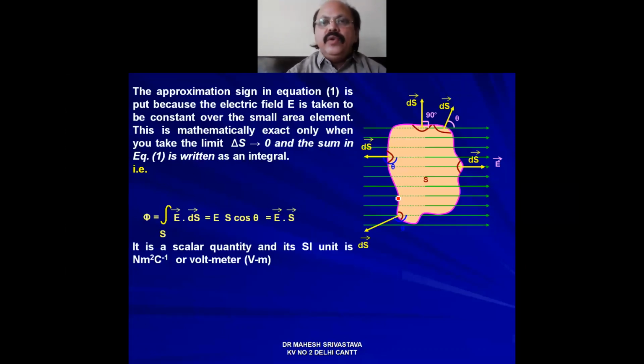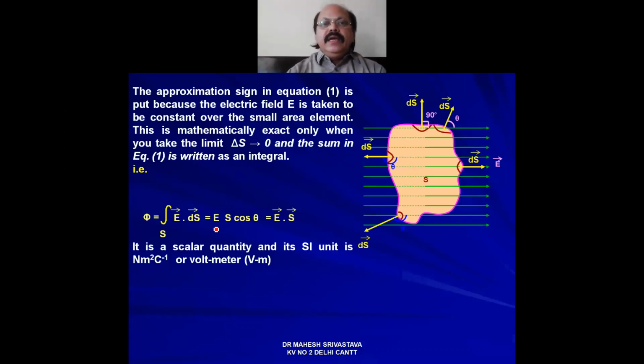We have to integrate over the whole surface E vector dot ds vector equal to Es cos theta, which is equal to E vector dot S vector. So it means we have to calculate the electric flux over a small area element, and after that we integrate it. Then we get total electric flux over the entire surface.